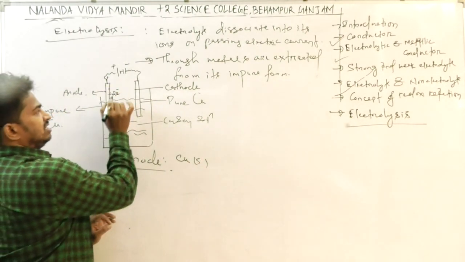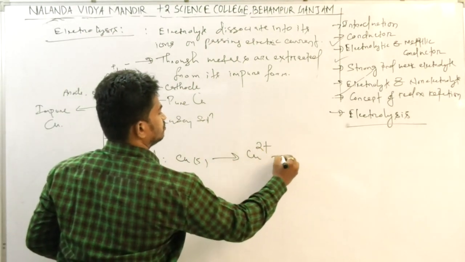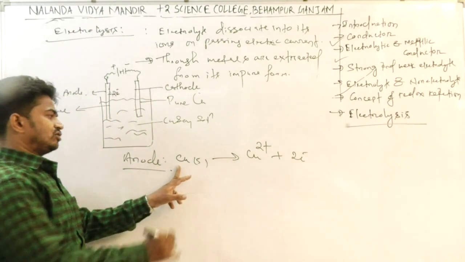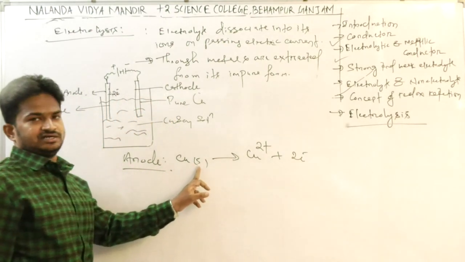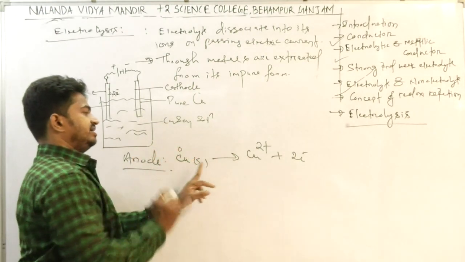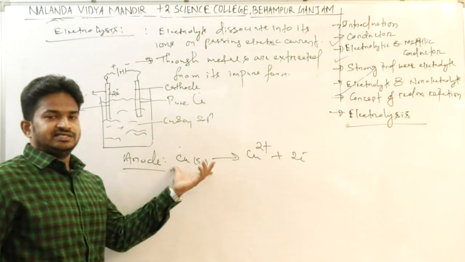This copper rod loses 2 electrons to form Cu2+ plus 2 electrons. Here the copper in its free, solid state has charge 0, and here it becomes Cu2+. It means the reaction is oxidation.